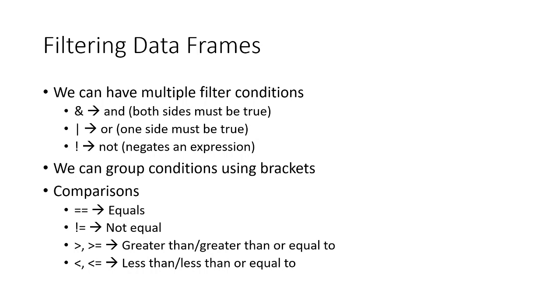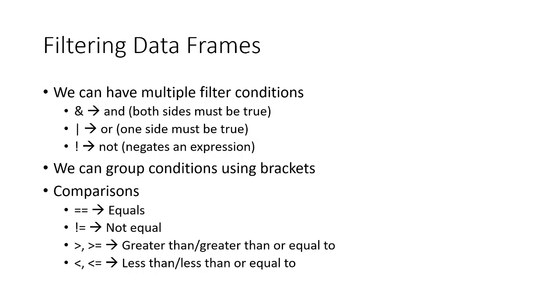Well, maybe not so surprisingly, if we want to and two conditions together, where age is equal to 13 and smoker equals yes, we use the ampersand to say and. So both sides of this must be true. In order for this to return a result, both sides must be true. We can use or, where we say one or both of these sides can be true, and it will return.